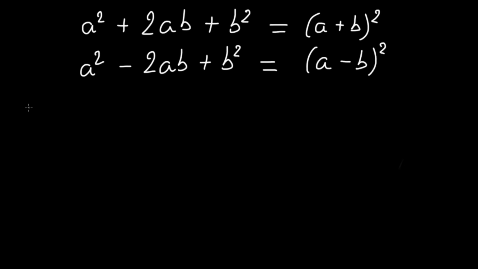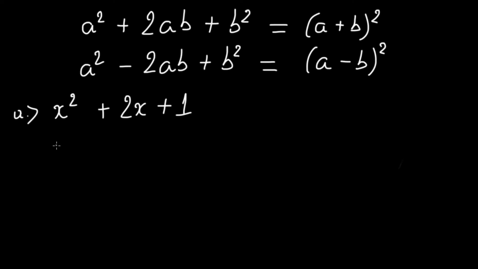So let's work on the first problem here. The first problem A is x squared plus 2x plus 1. We need to factor this trinomial, right? We notice this one looks very similar to the first formula above.